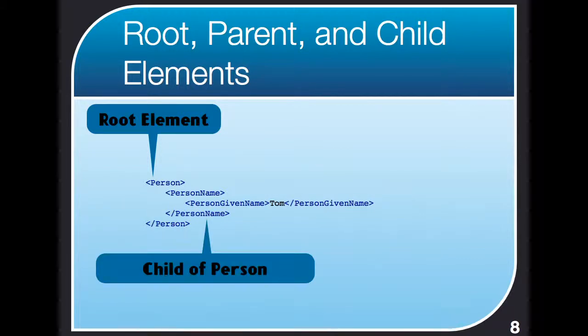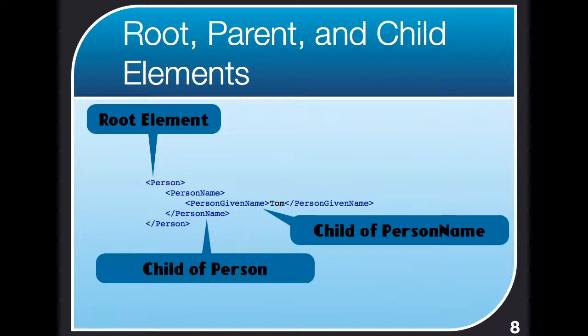So we're forming a hierarchy. Inside of the person name tag, we see the pair for person given name. There's an opening person given name tag, and then there's a closing person given name tag. And then inside of that is an actual chunk of data, a name. So person given name, Tom, happens to be mine. So the person given name is a child of person name.